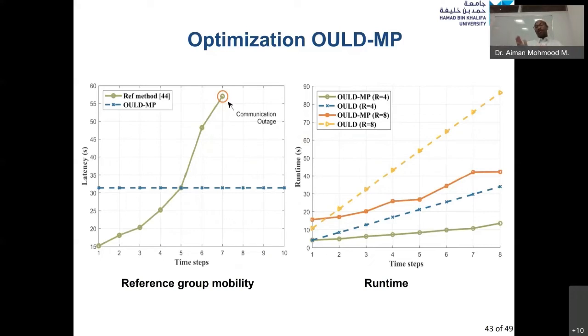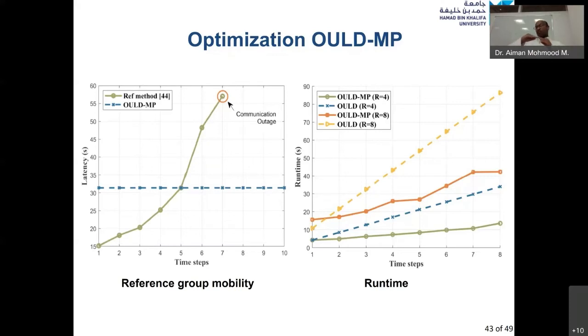We compare ourselves against the state-of-the-art approach, which does the distribution. What we find out is that the state-of-the-art approach, as we go more steps into the decision-making, diverges more, because as you go more, the UAVs move away and far from each other, which affects the distribution.